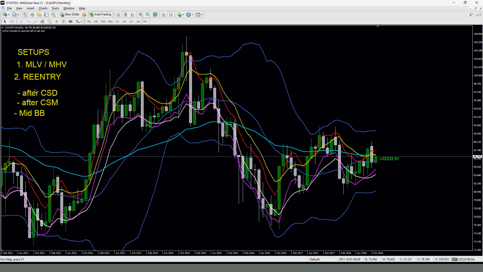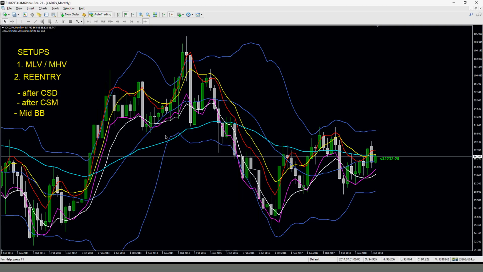So first of all, what we need to look for is the re-entry after CSD, the candlestick direction. As you can see on the chart right now, I'm looking at CAD JPY monthly.